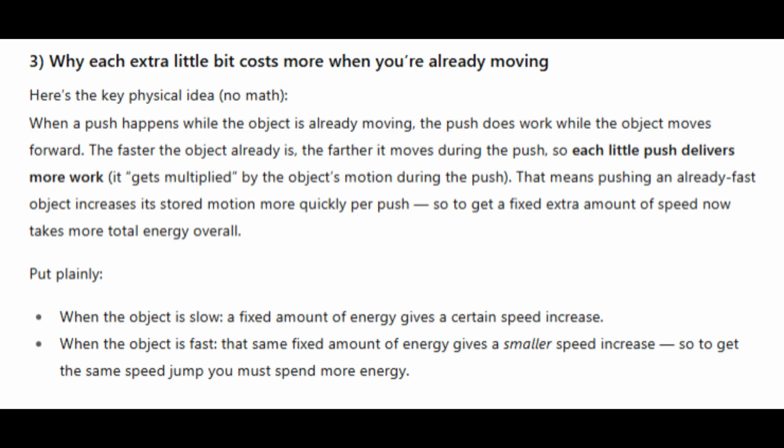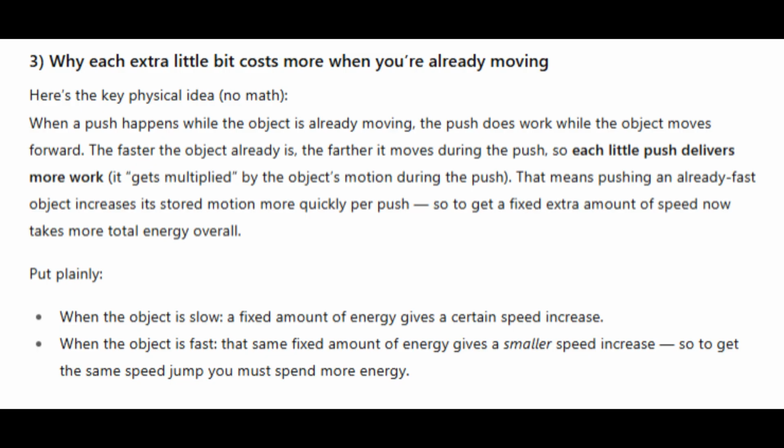The faster the object already is, the farther it moves during the push. So each little push delivers more work. It gets multiplied by the object's motion during the push. That means pushing an already fast object increases its stored motion more quickly per push. So to get a fixed extra amount of speed now takes more total energy overall.